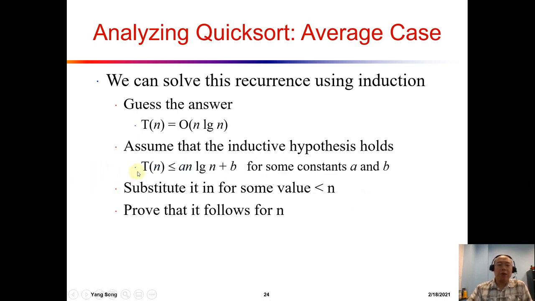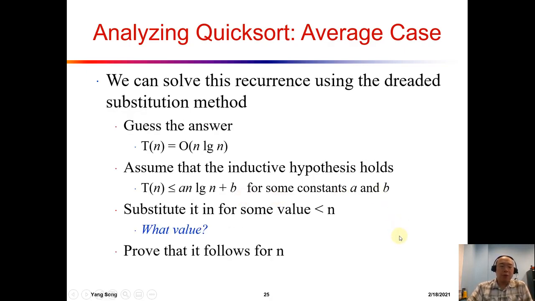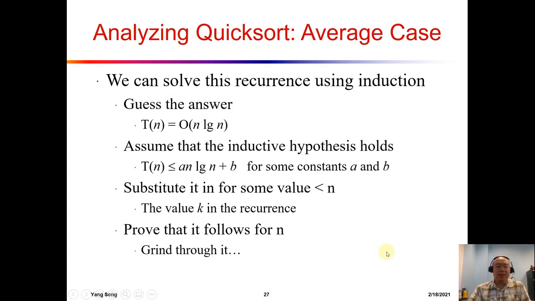That will be Tn is A n log n plus B. We want to assume that this holds for some constant values of A and B. And then we want to substitute the value with a smaller value, which is smaller than n, and let's just use the value of k in this case. And eventually, the hard part, we want to prove that if this holds for k, then for a larger value of n, this also holds.